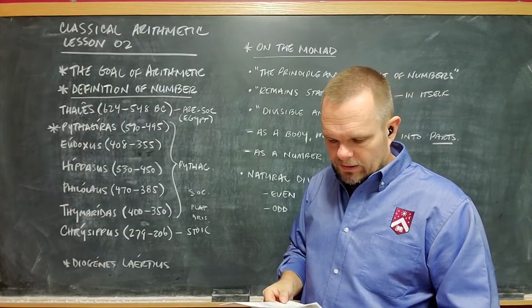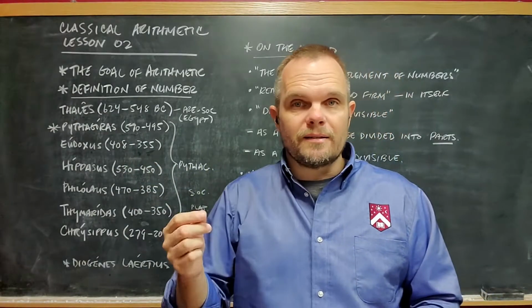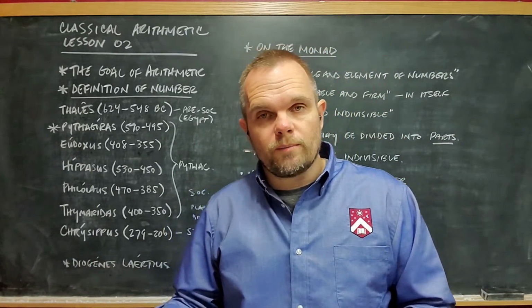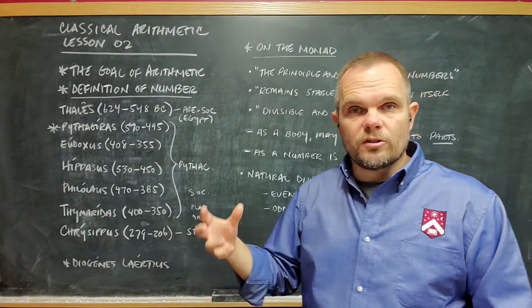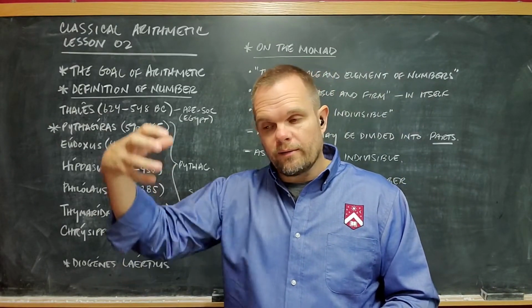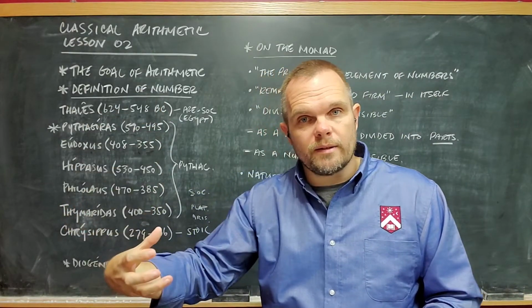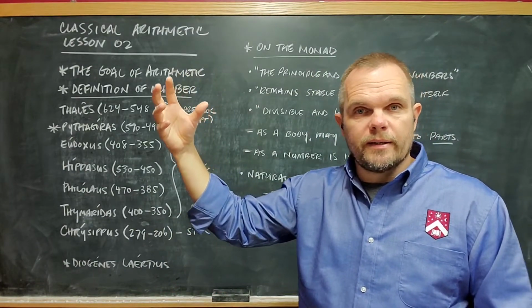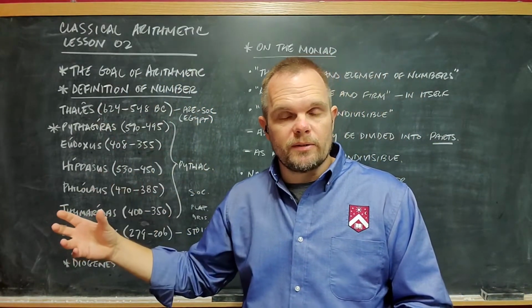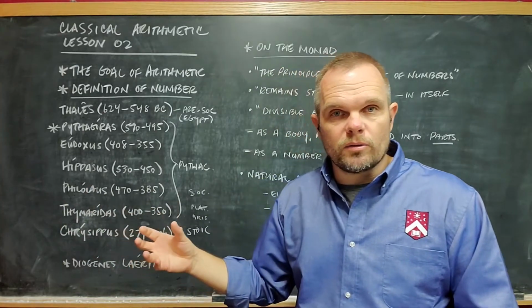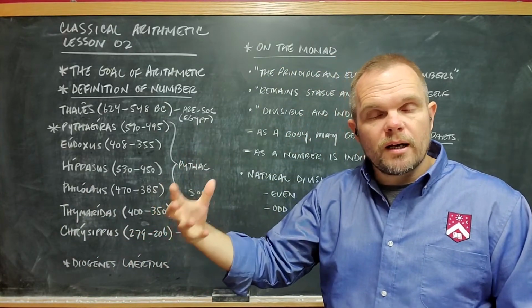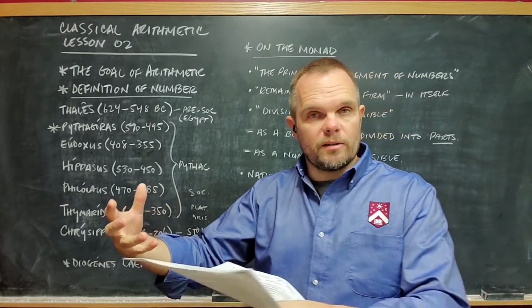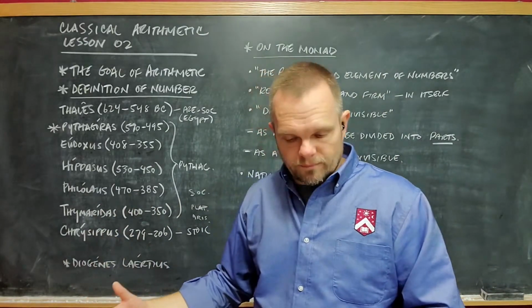So what that means is that he defines number as definite multitude. Multitude is the genus, that division of quantity. We talked about this in lesson 1. If we take quantity, it divides into two species, multitude and magnitude. Multitude then becomes a genus and divides into species.